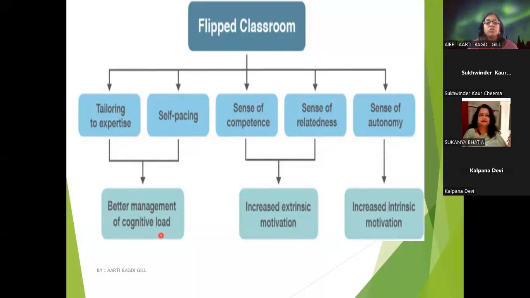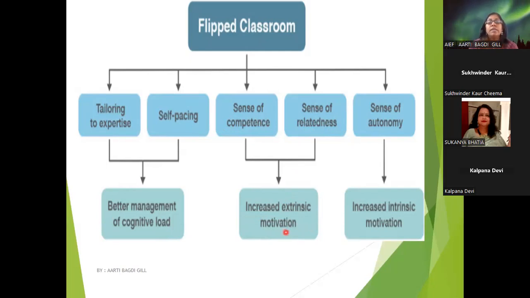In the previous sessions also, I've discussed the sensory play and all that. So that is something which is really very important for the child. And all the sessions are right from the foundation years to the higher grades, depending upon the educator, how the educator is going to implement that approach. Here again, I can see sense of competence, sense of relatedness going to increase extrinsic motivation.